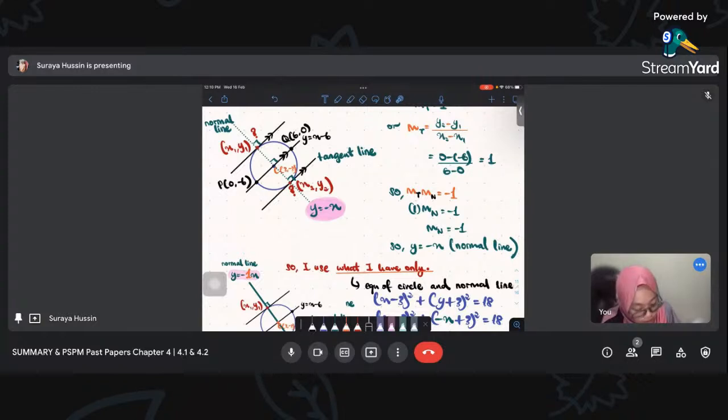Okay, we have this. You fahamkan mana saya dapat ni? This is y equals to -x, meaning gradient. This is m. Okay, this is the gradient. y equals to mx plus c pun boleh pakai sebenarnya.